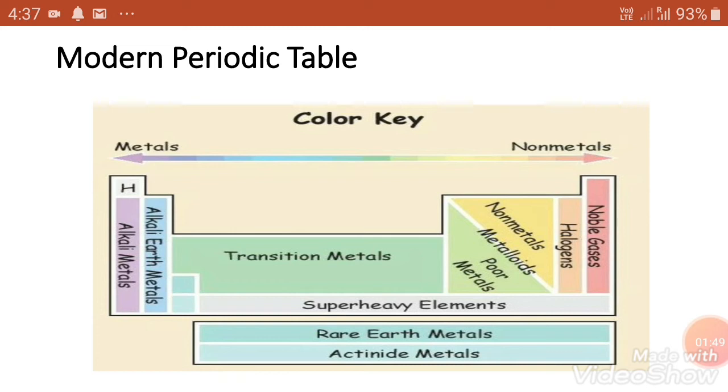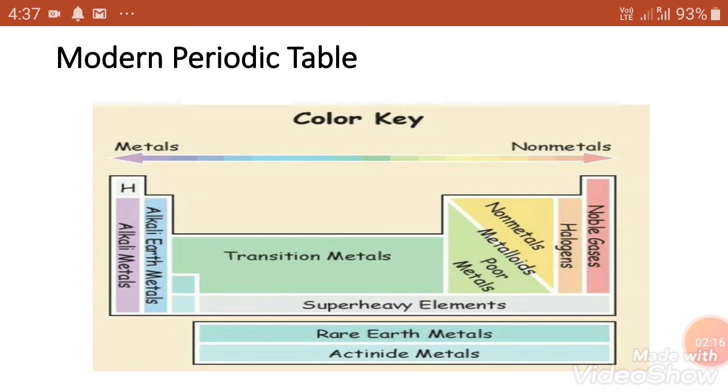As we move from left to right in the periodic table, the metallic character decreases and the non-metallic character increases. With the help of the arrow we can also understand that metals are toward the left-hand side of the periodic table and non-metals are on the right-hand side.